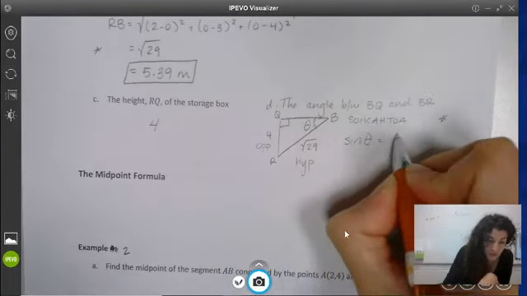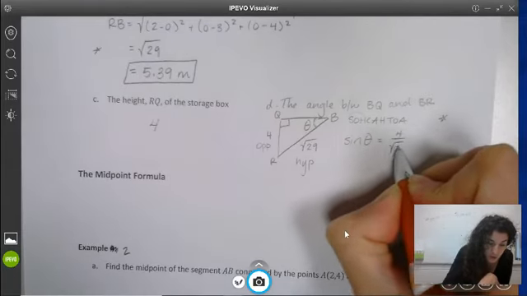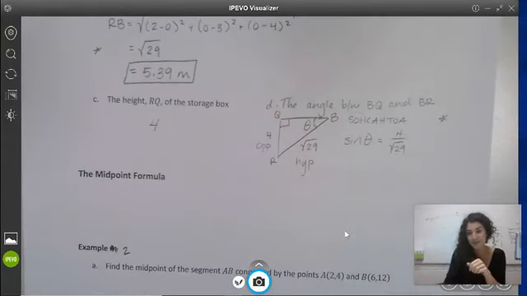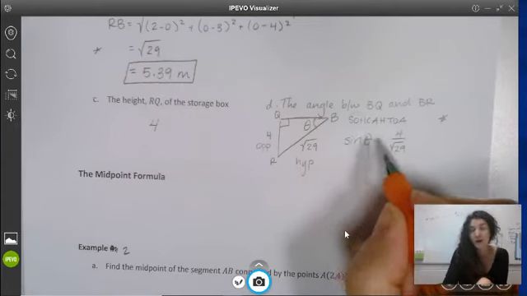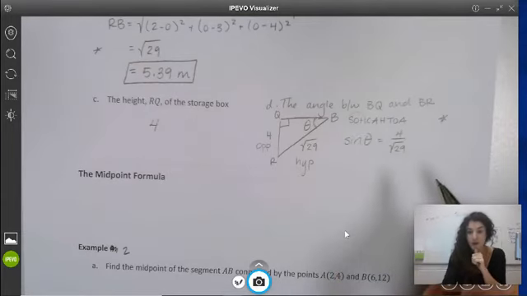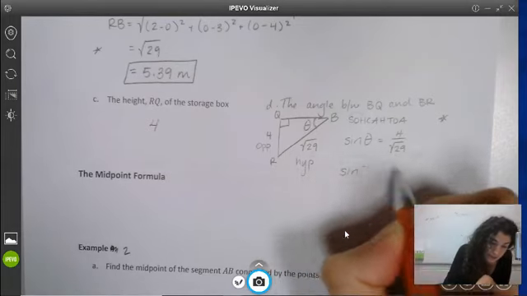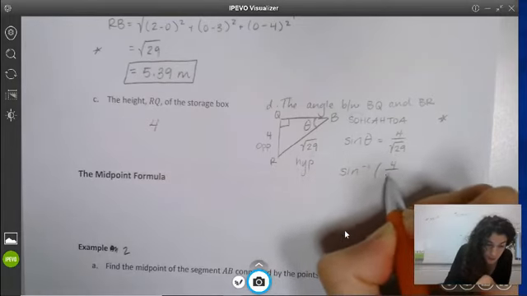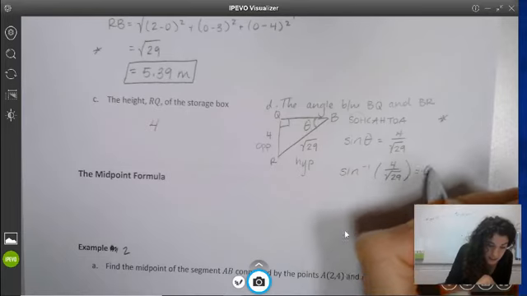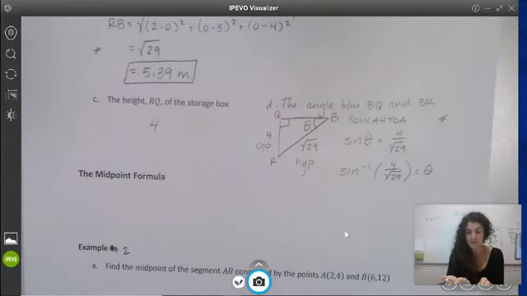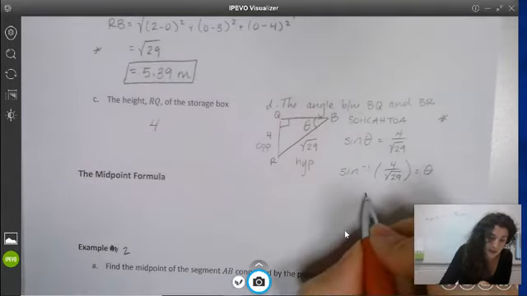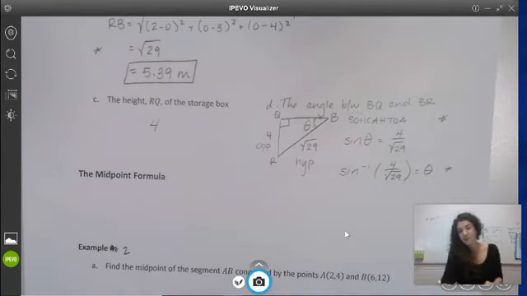Sine of theta is equal to 4 over the square root of 29. In order to solve for this, you can use your numerical solve, or you can use your inverse trig, right? That's sine to the -1 of 4 over the square root of 29, and that gives you theta. Go ahead and solve for that to 3 significant figures.